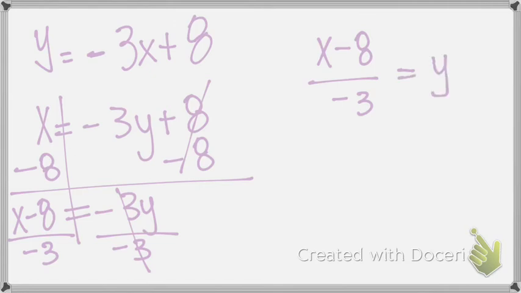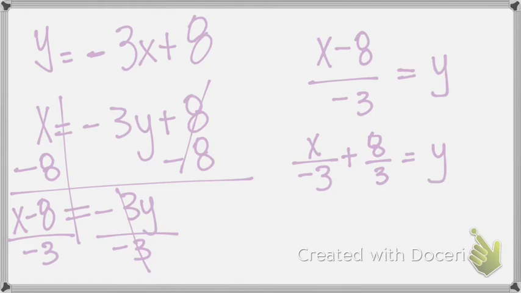Now, here you do want to simplify. X over negative 3. Now, that 8 is negative and the 3 is negative. Two negatives make a positive.